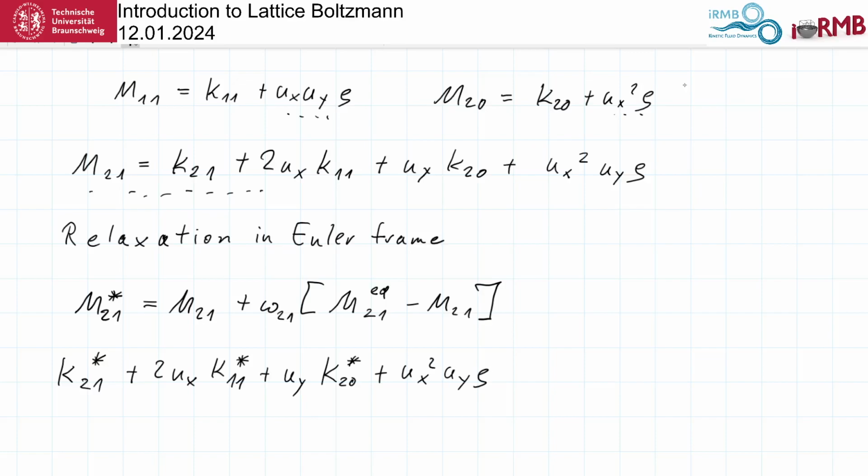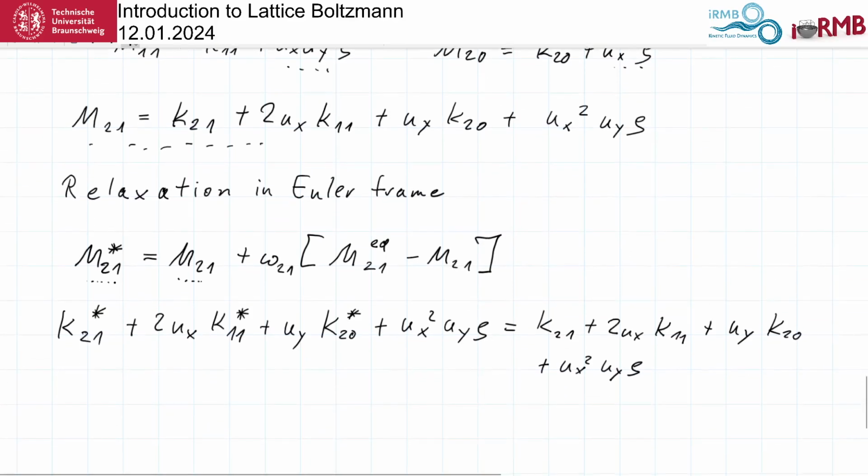So all of this is just a replacement of the left-hand side, M21 post-collision. So on the other side, we have to replace the pre-collision. So this is the same thing, it's just everything here is pre-collision, so without asterisk, 2Ux K11 without asterisk, plus Uy K20 without asterisk, plus Ux square Uy times rho.